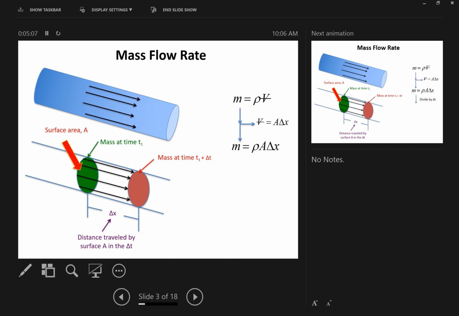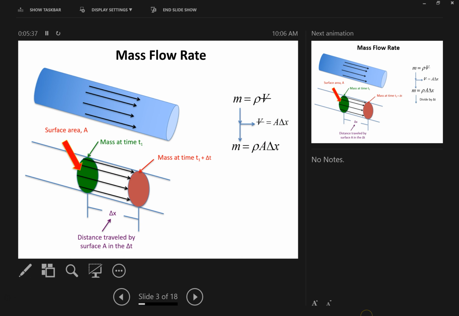We're going to plug that back in. We're trying to figure out what mass flow rate really is. Mass is density times volume, and the volume of this section from the green to the red is the area times delta x.